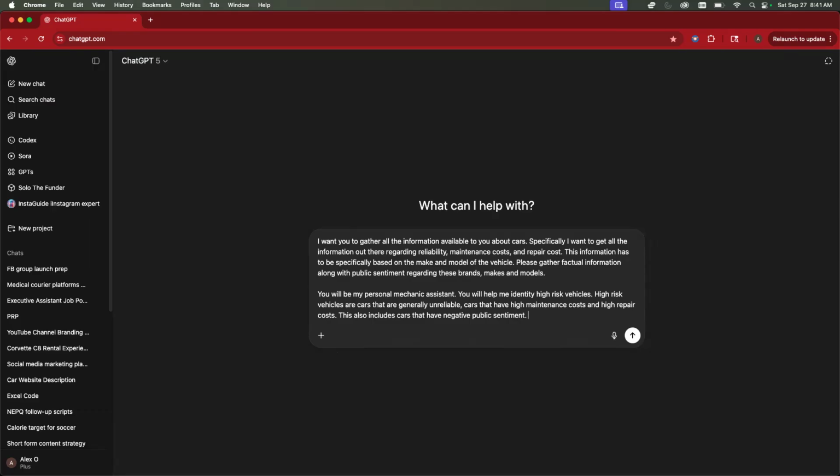Now, why does negative public sentiment matter? Because you're doing business with the public. So you want to make sure that when you're buying cars, you're not buying cars that people don't want. And this could be people might not want the cars for any reason, and it's actually important, whether it's political, whether it's factual, whether it's personal. If there are too many people with bad personal experiences with certain types of cars, you just want to generally avoid those types of cars.